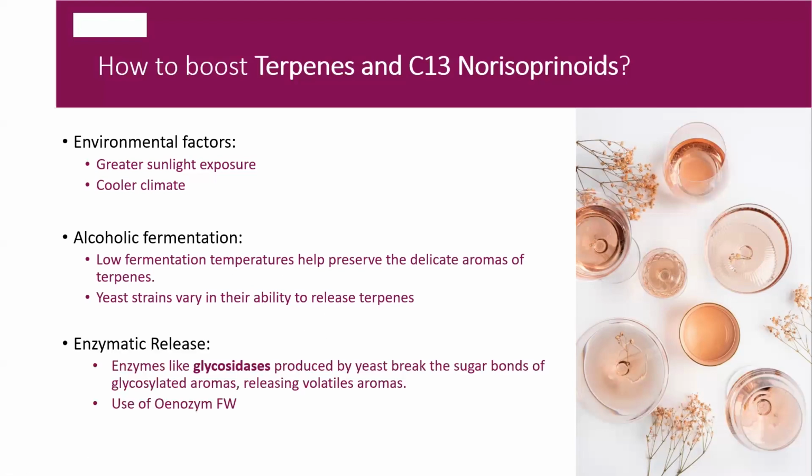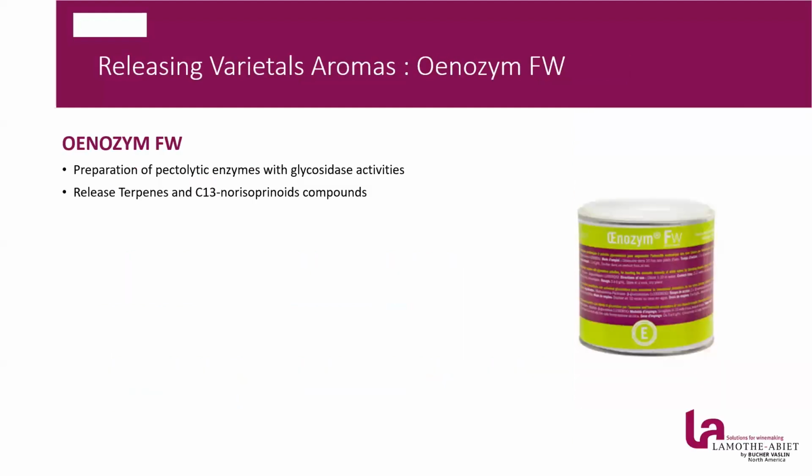And of course, like I said, enzymatic reaction from yeast will release the glycosides, so the sugar from the molecule. So it will release more aromas, but you can also use an enzyme that is doing the same activity to release more of these aromas during fermentation or during aging.